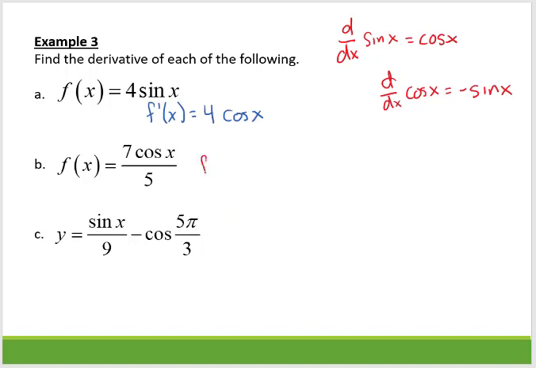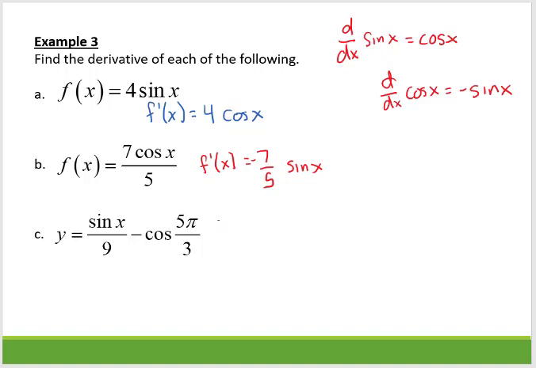Next one, the derivative. 7/5 is like a coefficient. Derivative of cosine is the negative sine of x. Make sure I can see that negative sign. Make sure it's very apparent to me.